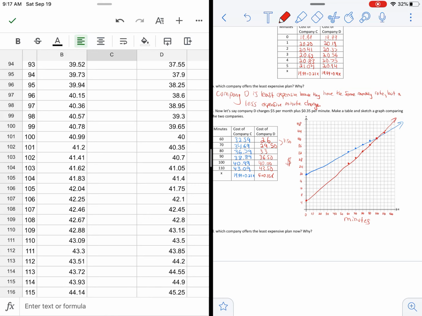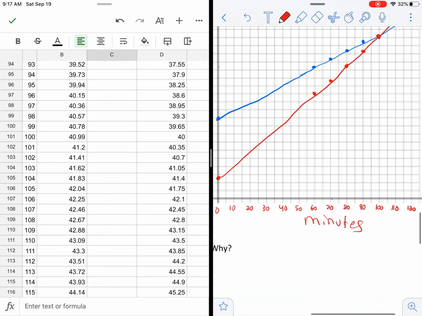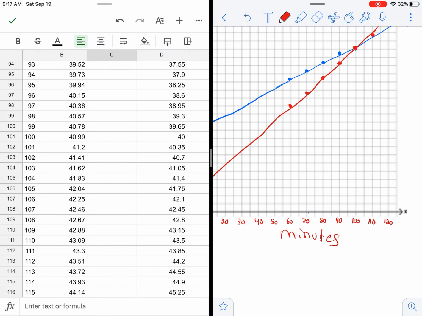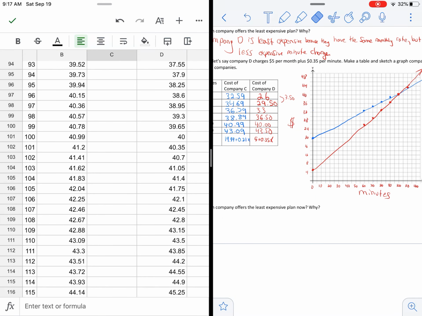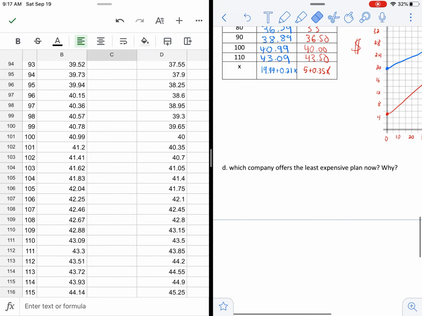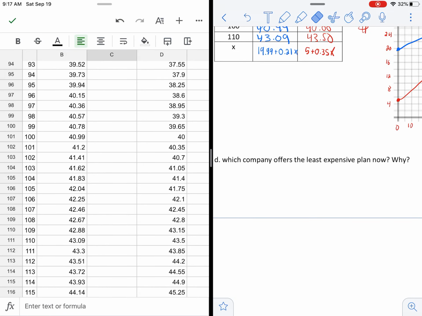Fantastic. So what do we see going on here? Well, I see that the red company D is a better deal because of their low monthly rate at first. But then somewhere around, it looks like 100 minutes, things change. And company C becomes the better deal again. So which company offers the better plan?